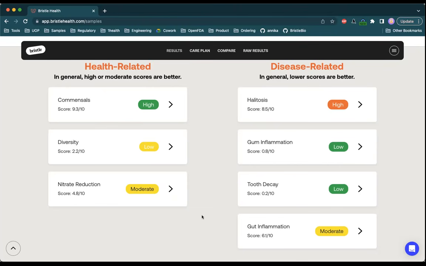When I look at these after my patients have taken the Bristle score, I would like to see all green. The best score I've seen is all green, but typically it's all green with orange on the halitosis score. And as you said, it's pretty prevalent. It's no surprise to me, because as a clinician, it's an early marker that something is wrong with the oral microbiome.